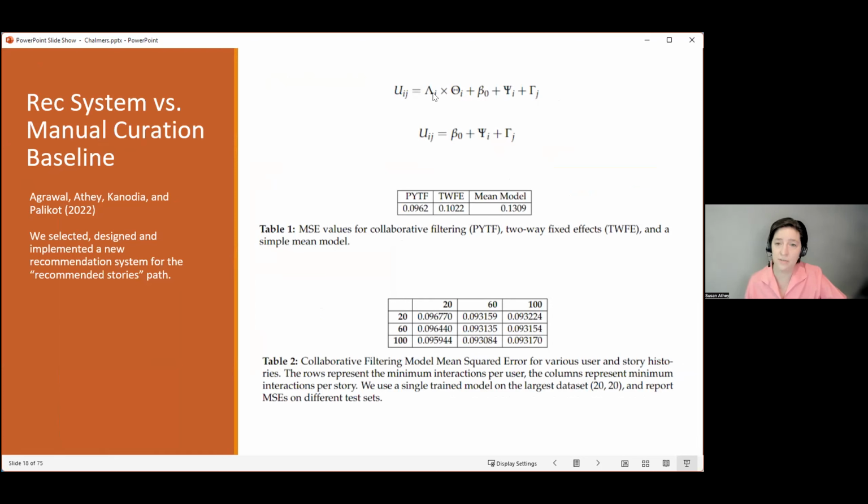We use a latent factor model as our leading model, which is referred to as collaborative filtering in the machine learning literature. It's basically a latent factor model where we estimate latent factors for each story and latent preferences for each user, and then make predictions based on that.